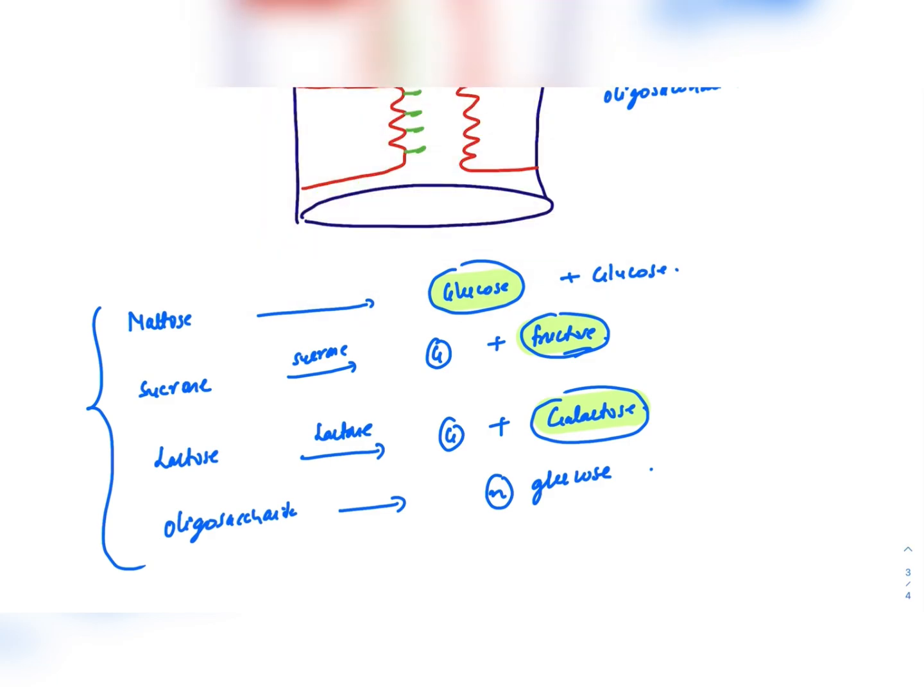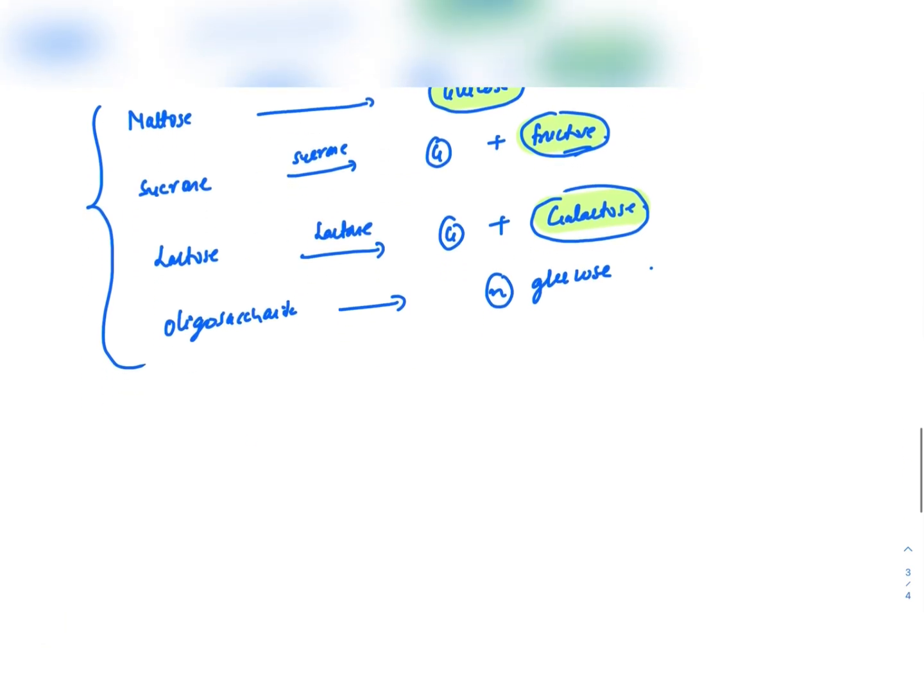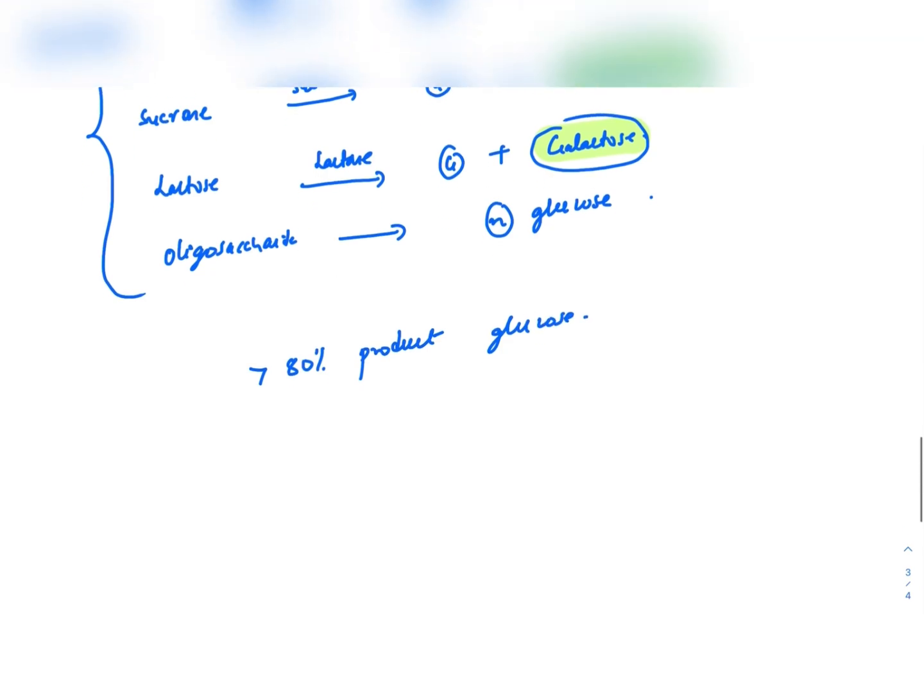If you see the final products of digestion, more than 80% would be glucose, and less than 10% will constitute galactose and fructose. So glucose, galactose, and fructose would be the end products of digestion.